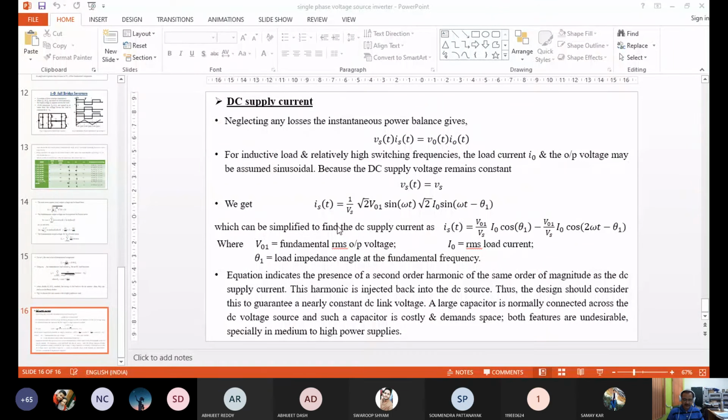The actual equivalent circuit of a capacitor is a capacitor plus a small resistance. In fact, an inductor also has a resistance. If this type of question comes, then you take it. Otherwise, we'll take it as ideal. If ESR is not given, then we need not bother about it. But in fact, the equivalent circuit of a capacitor is like this.